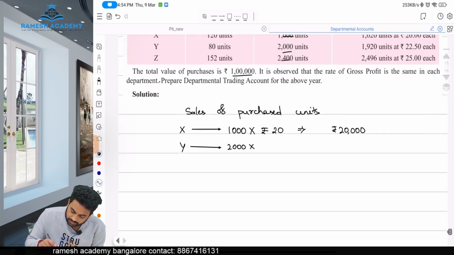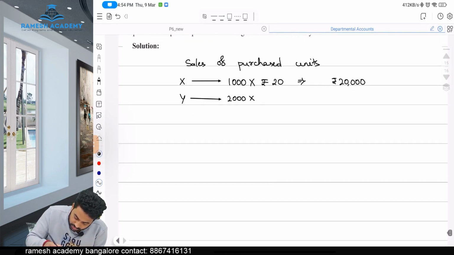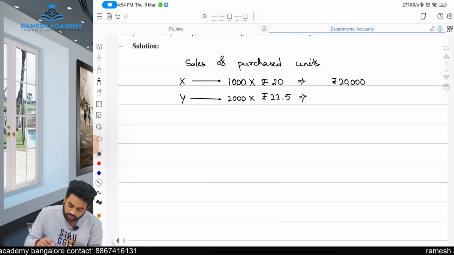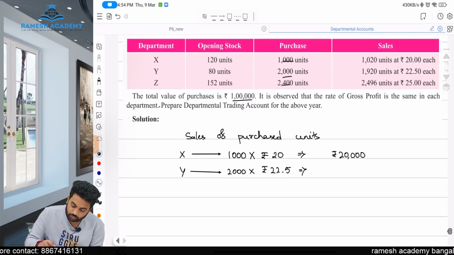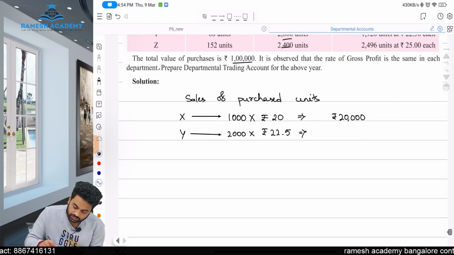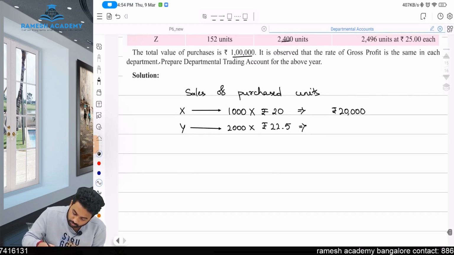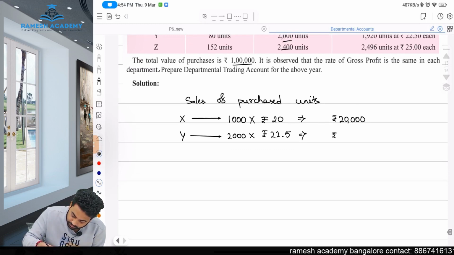At what rate in Y we are going to sell? We are going to sell at rupees 22.5 per unit. So 2000 into 22.5 will come to rupees 45,000.